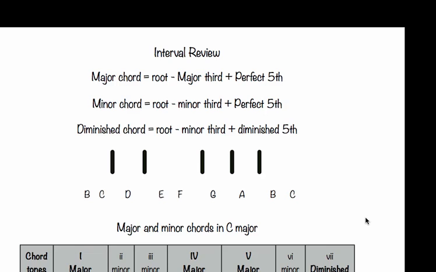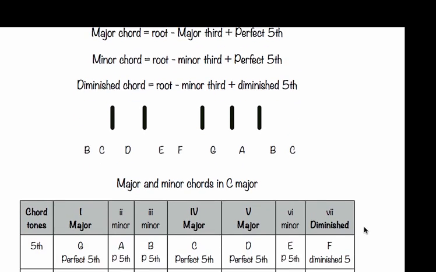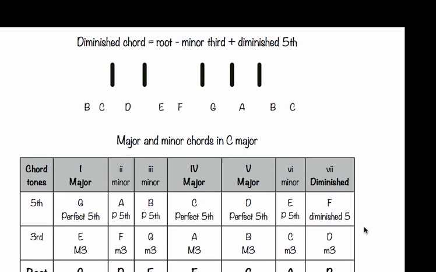So when we look at these chords, some of them are made up of a major third, and some have minor thirds. Almost all of them have perfect fifths except for the 7th scale degree. Remember that one was a diminished fifth, B to F, so that's going to result in a different sounding chord.